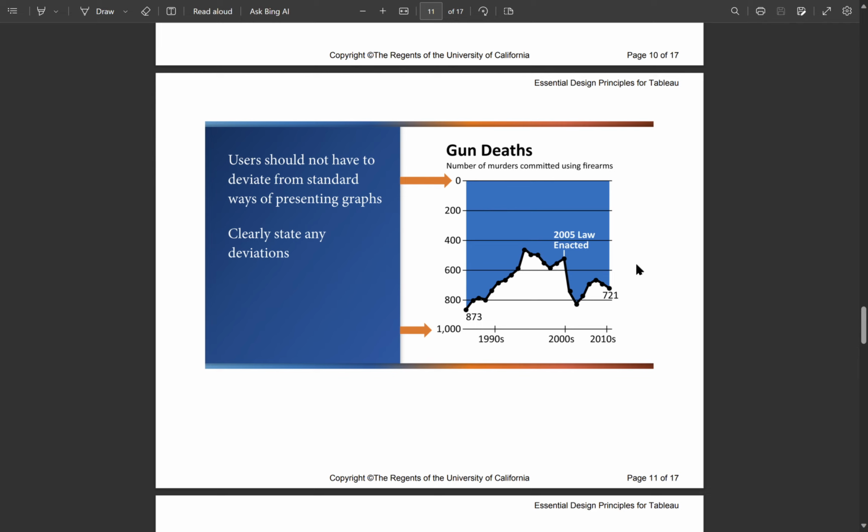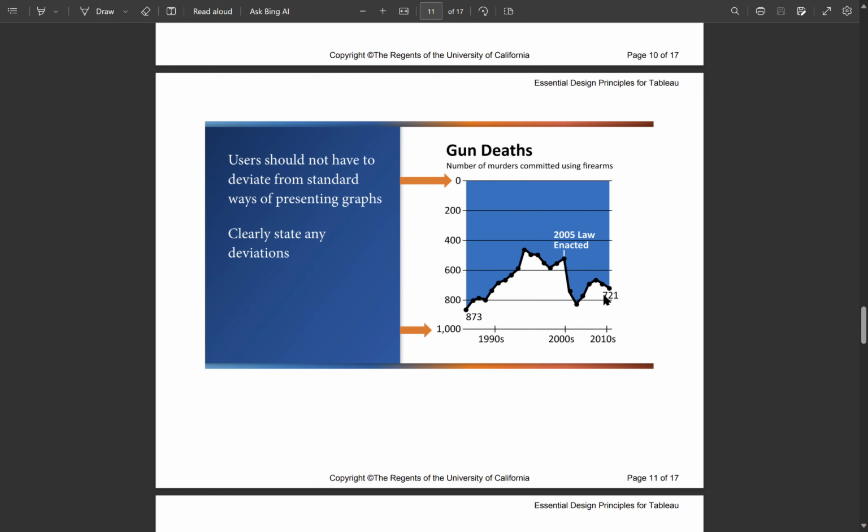When they're displaying this kind of unusual graph, they should clearly mention to the users that the 1000 is at the bottom and 0 is at the top. They should notify users so that when they read this graph, they don't draw the incorrect conclusion. Therefore, when they read this kind of graph, they should clearly know that this is not a usual graph, and that these are deviations from the standard.